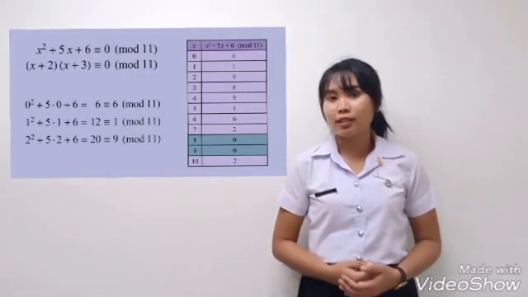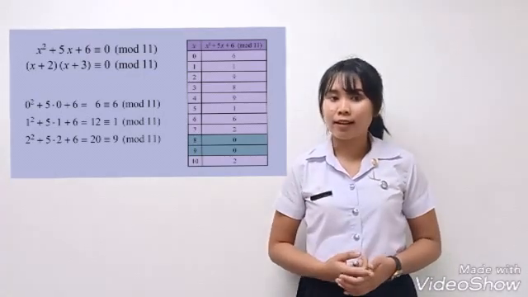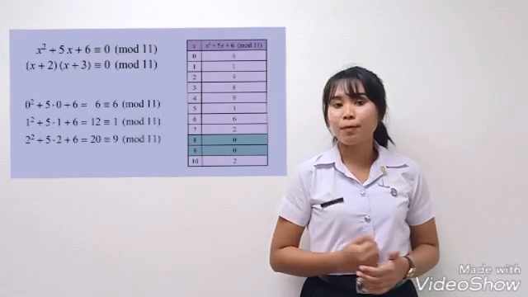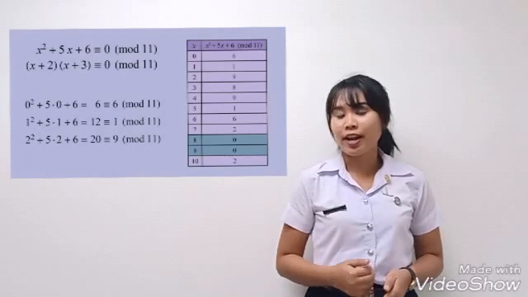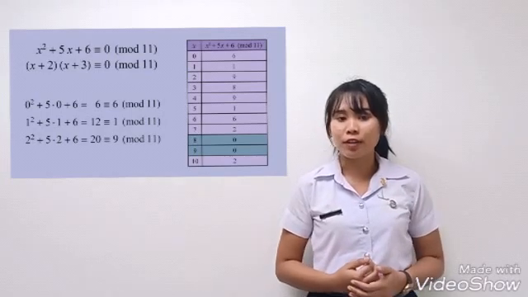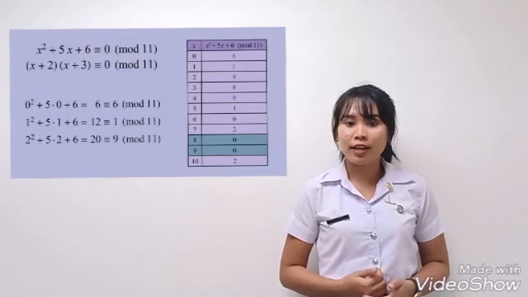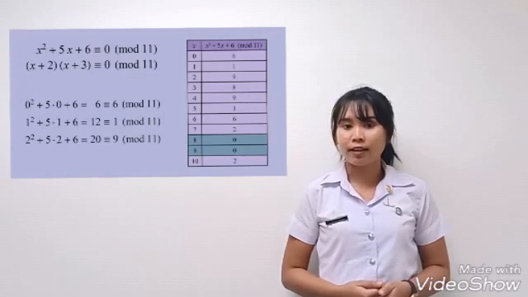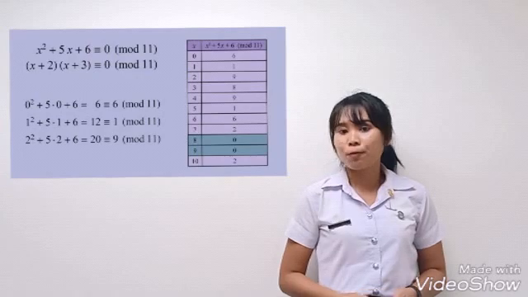Plugging in x equals 1 gives us 1. x equals 2 gives us 9. Let's go ahead and fill out the rest of the table. We see that the only solutions are 8 and 9, the two solutions we found by factoring.